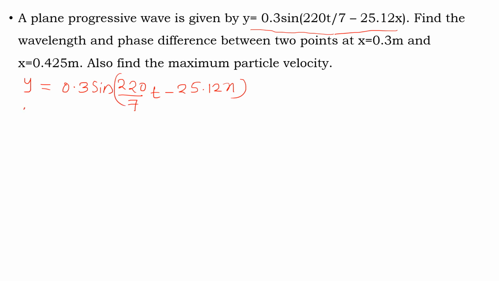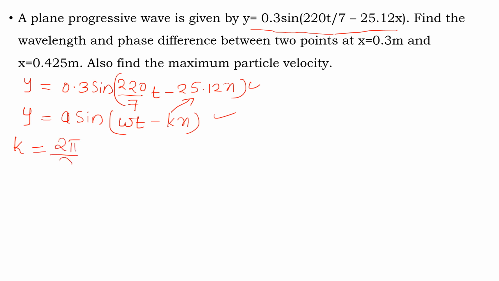Comparing this with the standard equation we have studied, that is y is equal to a sine omega t minus kx, we get k analogous to 25.12. Therefore, the propagation constant or the wave vector k is equal to 2 pi by lambda is equal to 25.12.